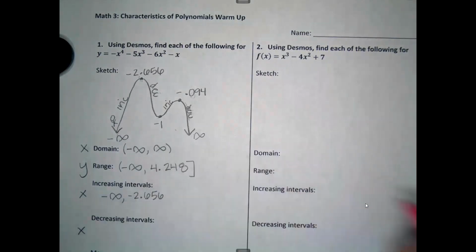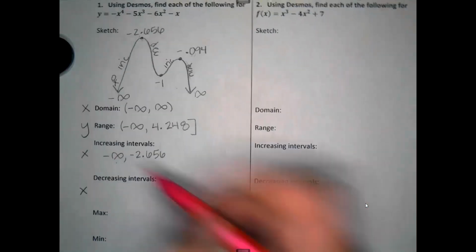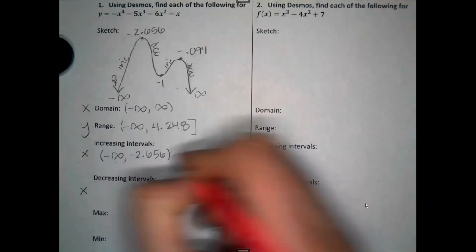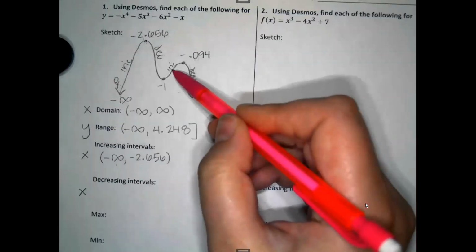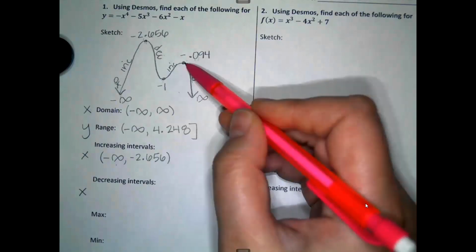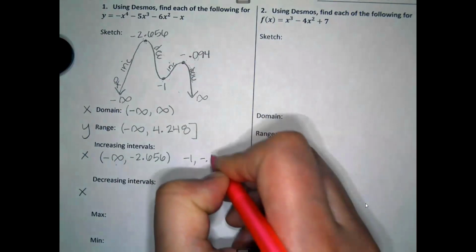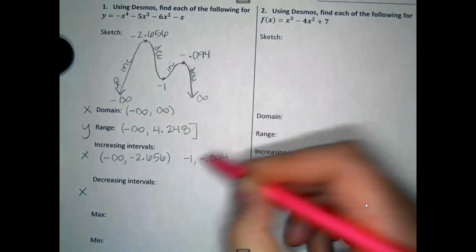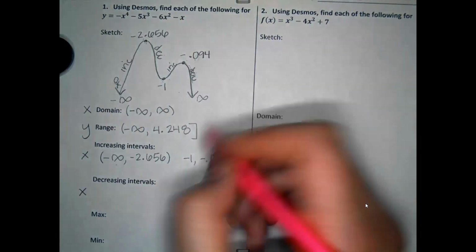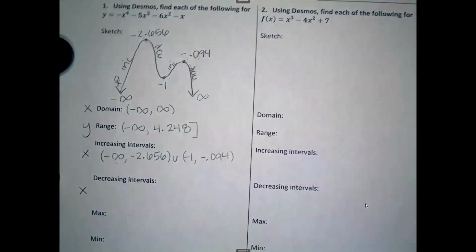So there's the first one. And then what do I put around those numbers? Parentheses. Okay. And then the other word increasing is right here. And this word increasing is between what two numbers? Okay. And what do I put around those two numbers? Parentheses and a U in between because I have two answers.